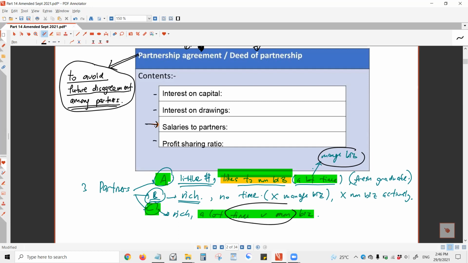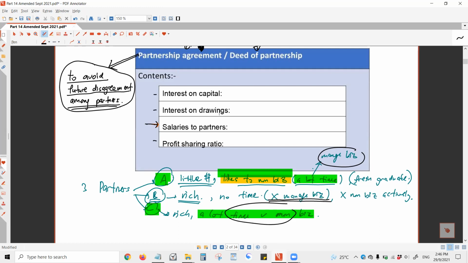Salaries to partners are meant to be given to those partners who spend their time actively running the partnership business. You write together with me. That means B does not deserve to get the salary, because partner B doesn't actively manage the partnership business.